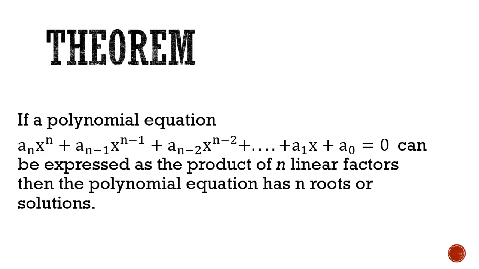That is, if a polynomial equation a sub n multiplied by x raised to n plus a sub n minus 1 multiplied by x raised to n minus 1 plus a sub n minus 2 multiplied by x raised to n minus 2, added until a sub 1 multiplied by x plus a sub 0 is equal to 0, can be expressed as the product of n linear factors, then the polynomial equation has n roots or solutions.